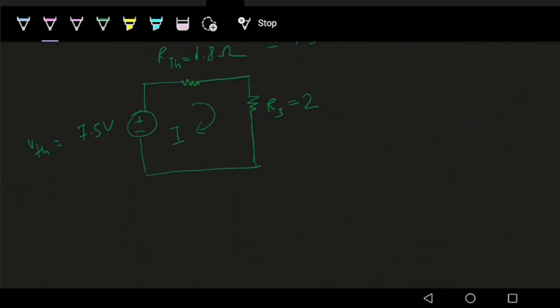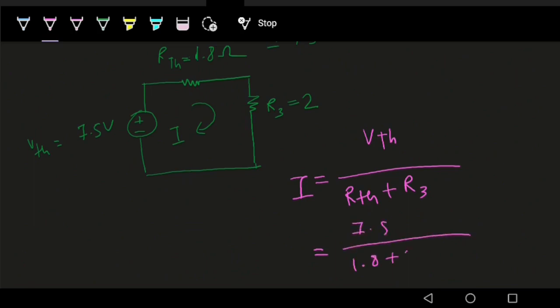What is I here? I equals, applying Ohm's law, VTH divided by RTH plus load resistance R3. Substitute the values: 7.5, 1.8 plus 2, 1.97 ampere. Now we will verify this in our LTSpice software.